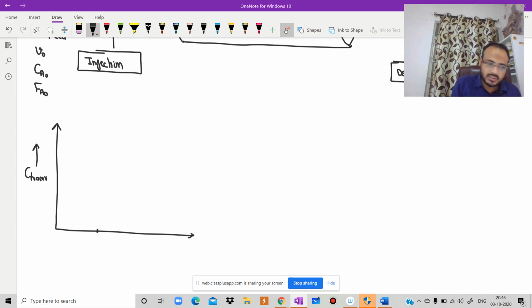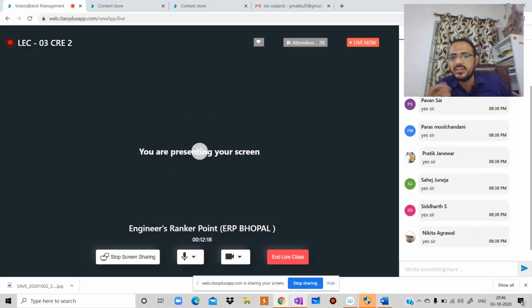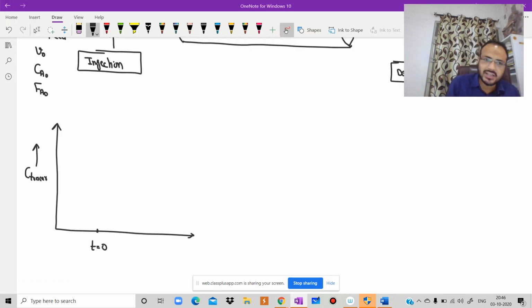At time t equal to 0, we are going to inject this tracer. So before time t, the concentration of tracer is 0.